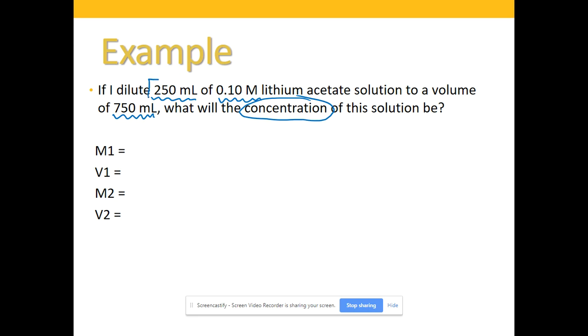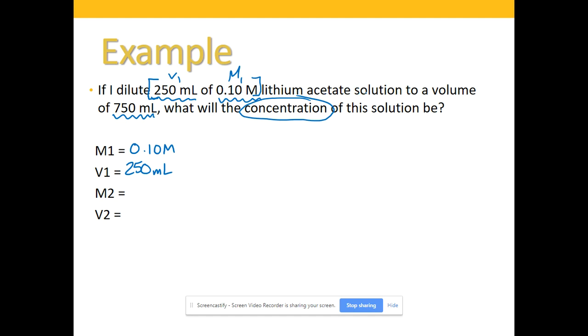If you already have this solution in order to dilute it, that means it's going to be your initial or one value, because it's what you already have in the beginning before you do any type of changes. So 250 milliliters is going to be V1. We know that milliliters is our unit for volume. So for V1, we will put 250 mL and 0.10 for molarity. Anytime we see an M, we know it has to be an M variable.